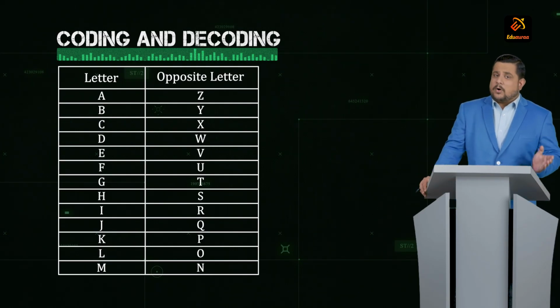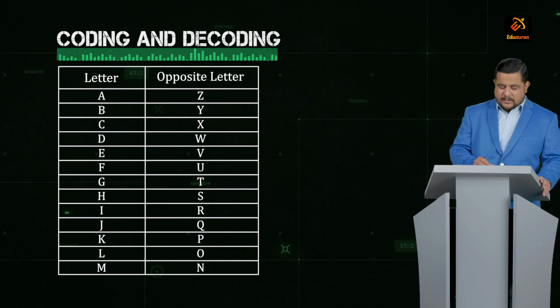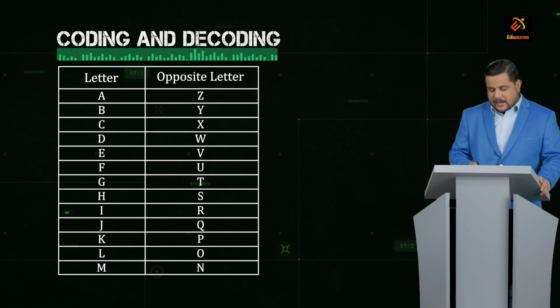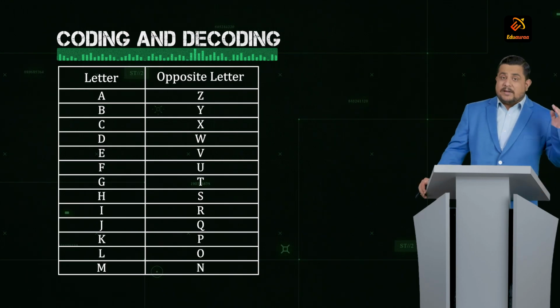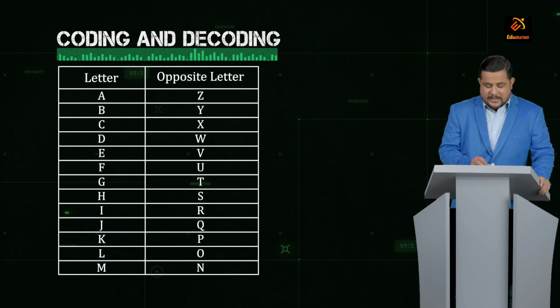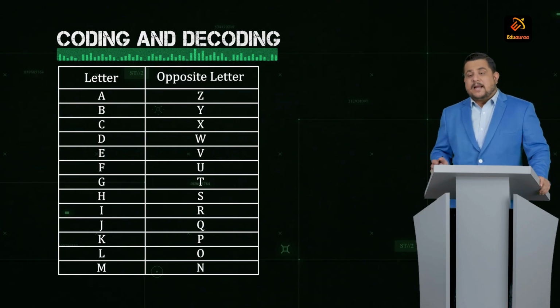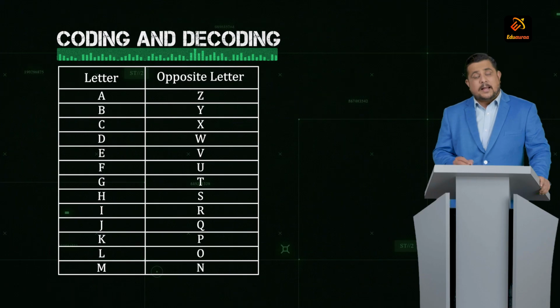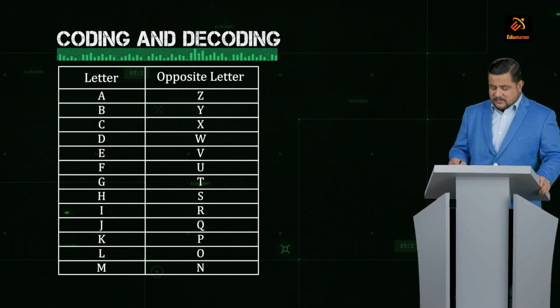If we count from the left hand, A will be at number 1 position, while from the right hand, the opposite hand, Z is at number 1. If we count from the left hand, at second place B is there, and from the right hand, Y is there at second place in the reverse order. So this is what you have to remember.